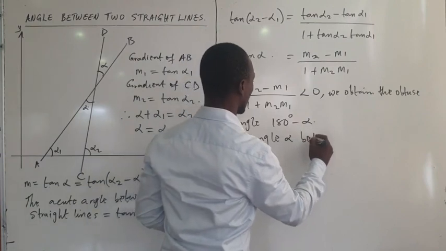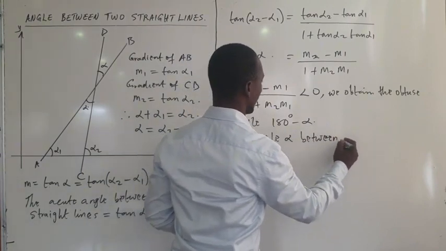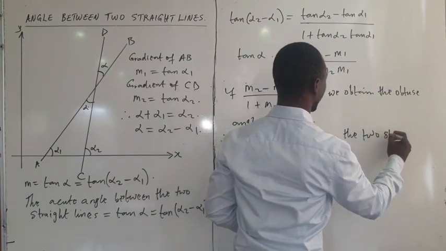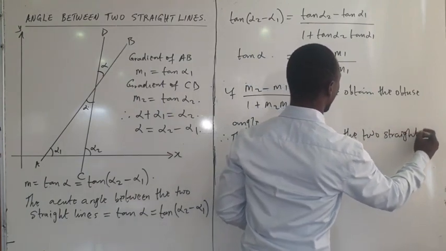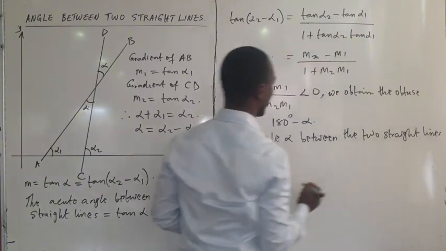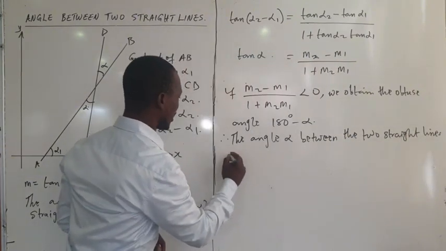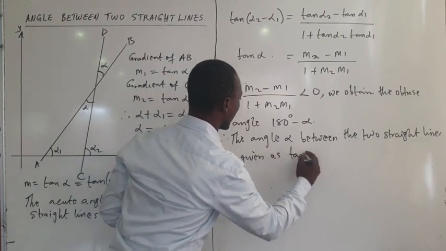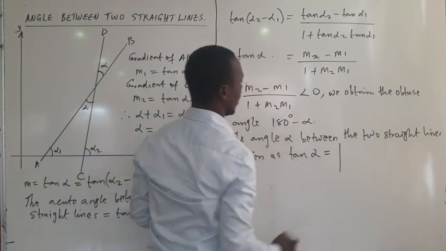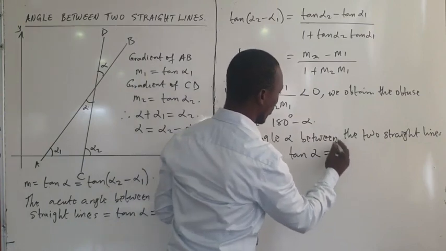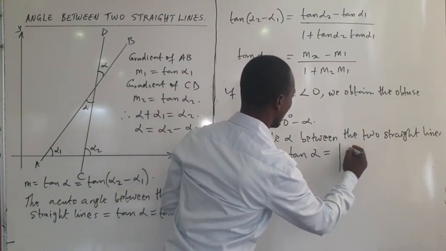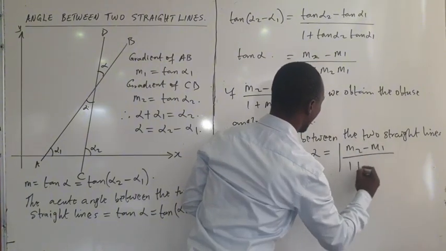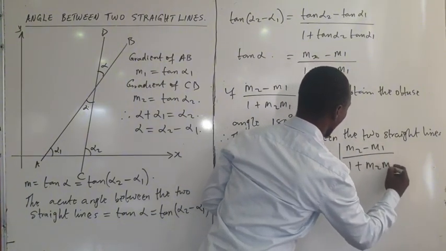Therefore the angle alpha between the two straight lines is given as tan alpha, which is the absolute value, the modulus, of m2 minus m1 all over 1 plus m2 m1.